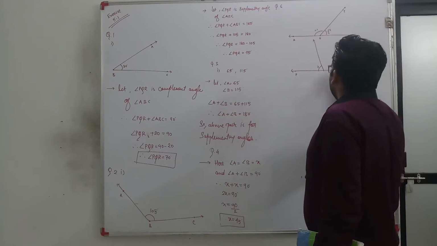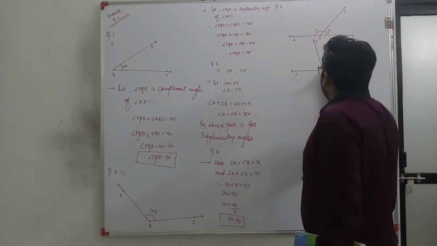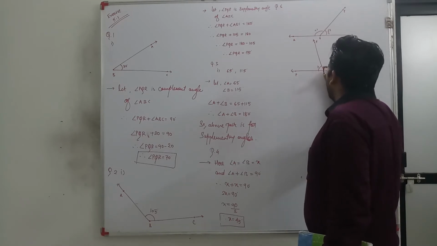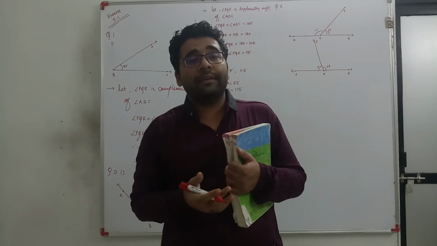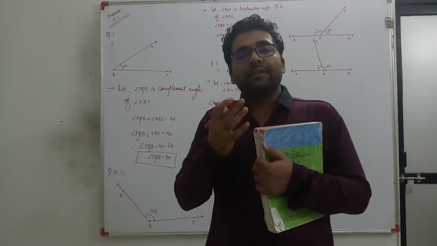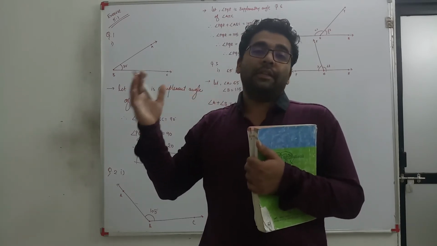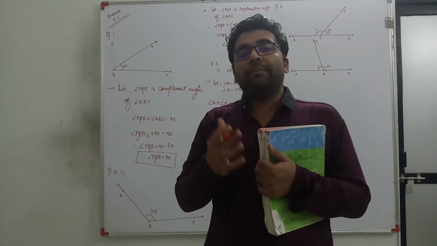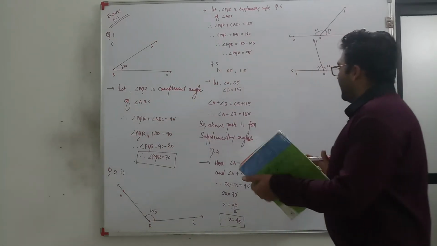The amount that you have decreased for angle 1, the same amount you need to add to angle 2 to make them supplementary angles. So this is my answer.